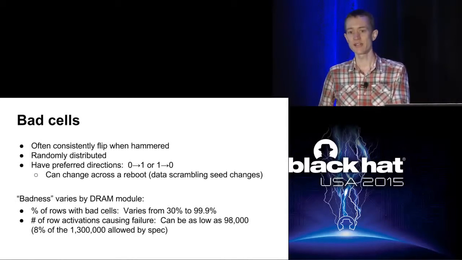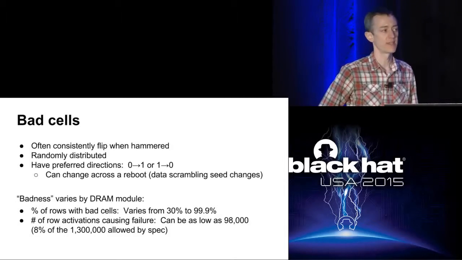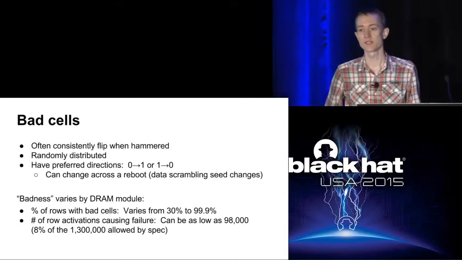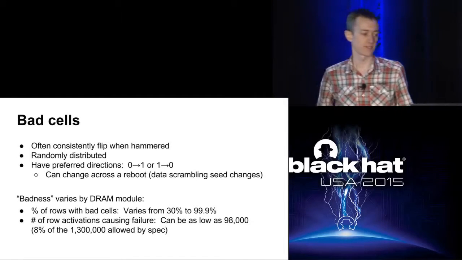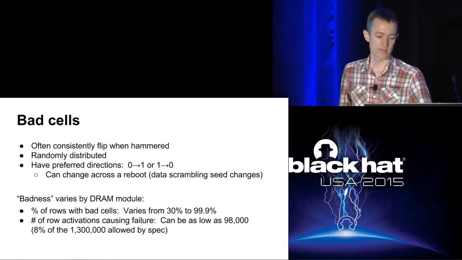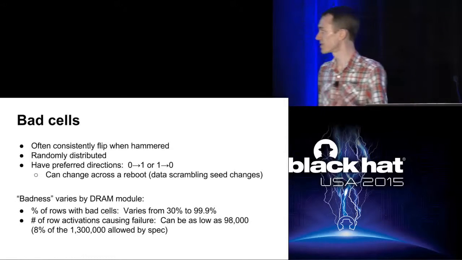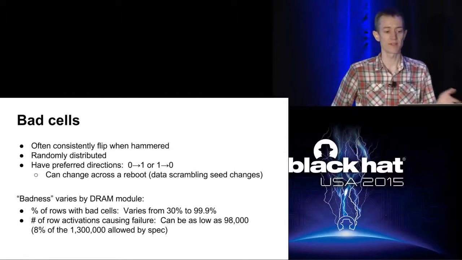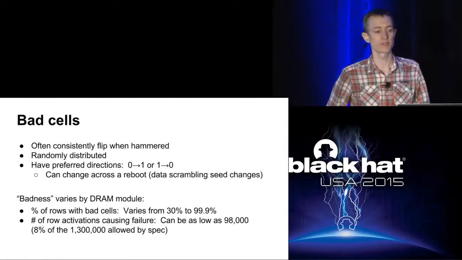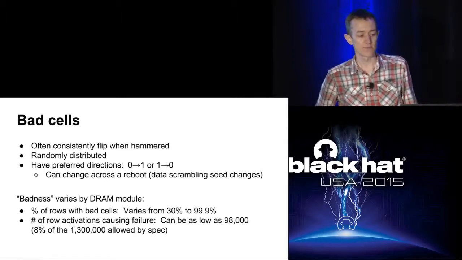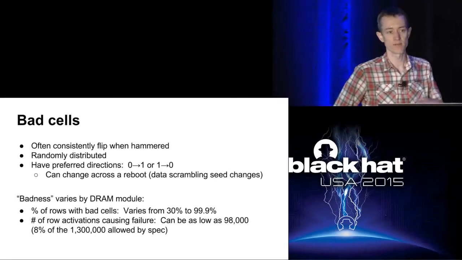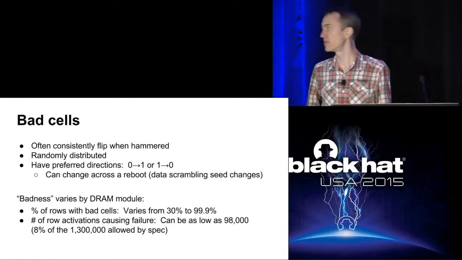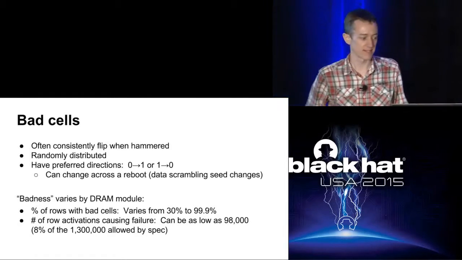That direction can change, though, across a reboot, because memory controllers tend to do this thing called data scrambling, and the seed for that scrambling is changed on a reboot. So this proportion of bad cells can vary quite a bit between DRAM modules. So, for example, the percentage of rows containing bad cells can vary from anything from 30% to 99.9%.